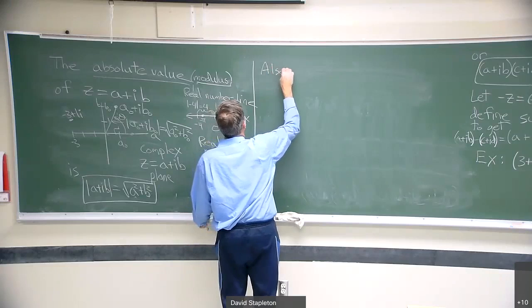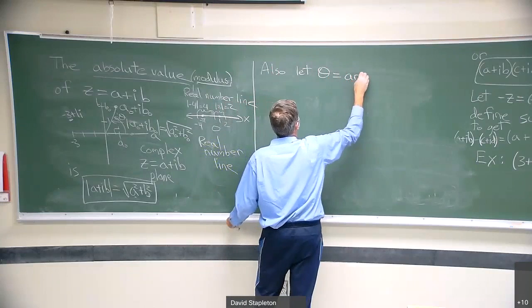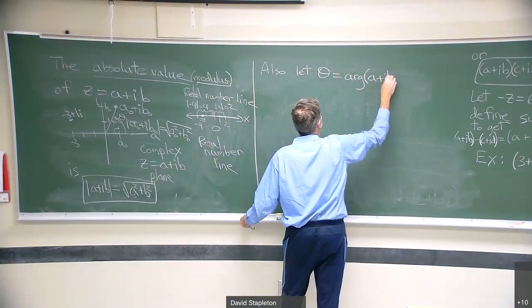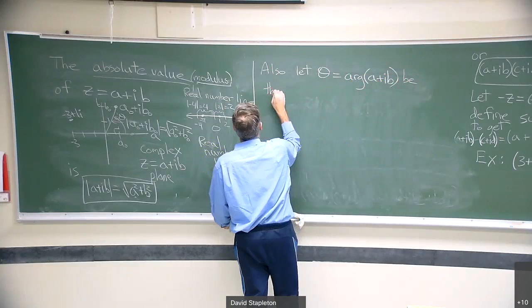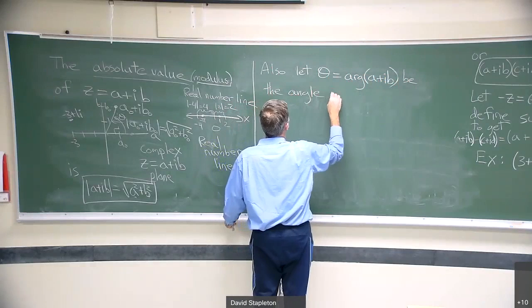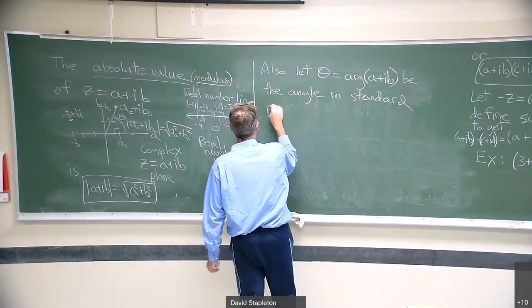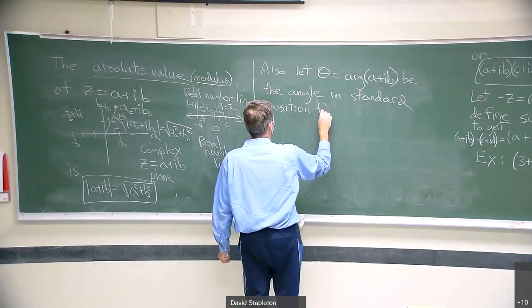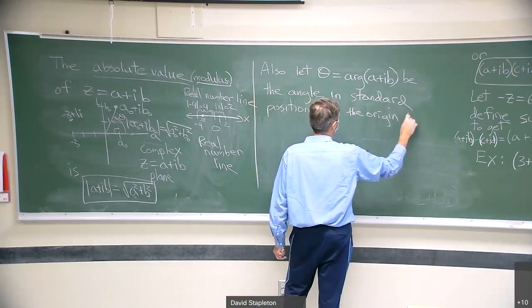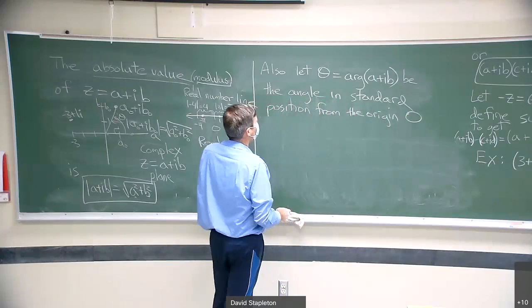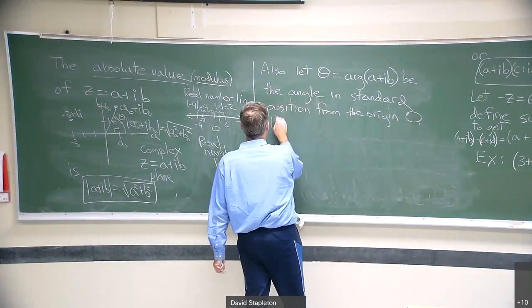So we're going to let theta, or the argument of a complex number z equals a plus ib, be the angle in standard position from the origin, which we can write as just 0 or 0 plus 0i, either way. Hence, the way you find it, we just refer to polar coordinates.